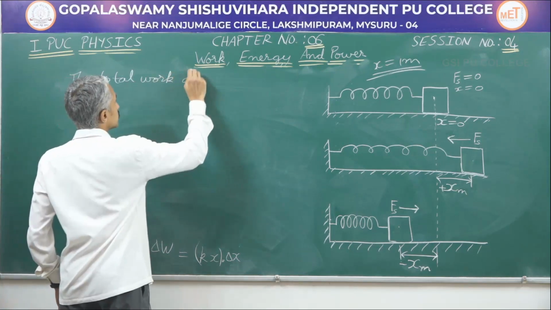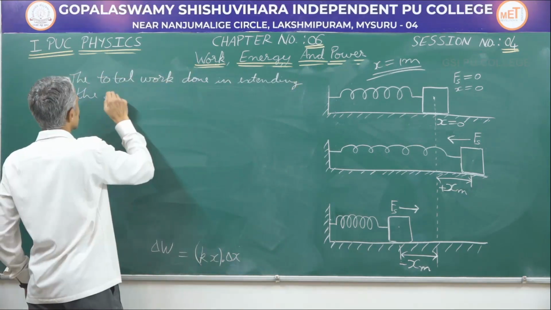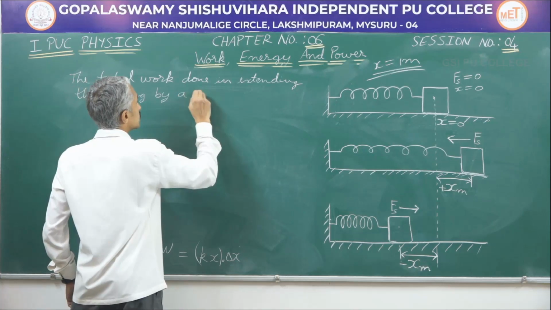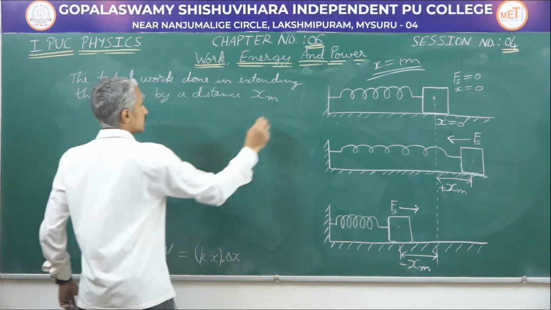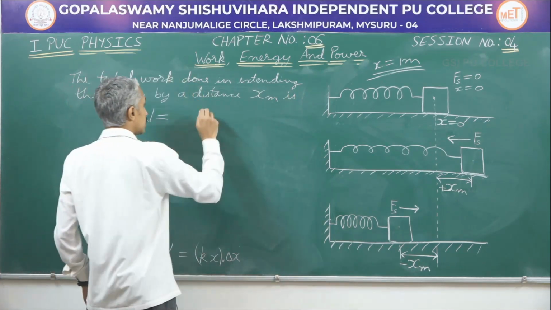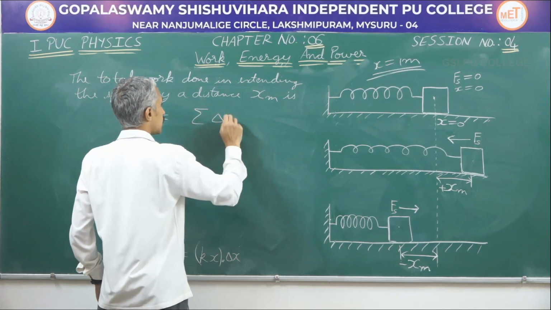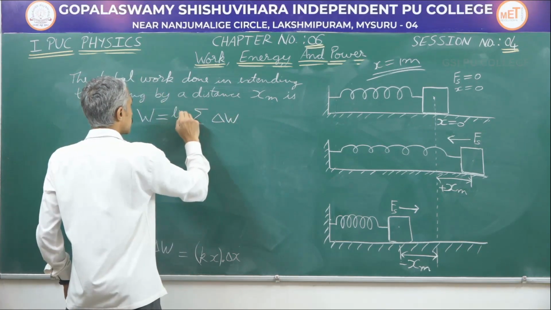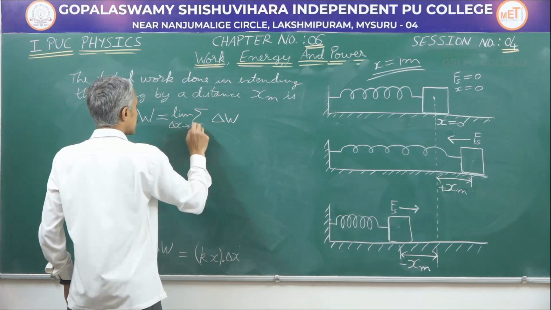The total work done in extending the spring by a distance xm is the summation of all the work done, and I can take the limit delta x tending to 0.